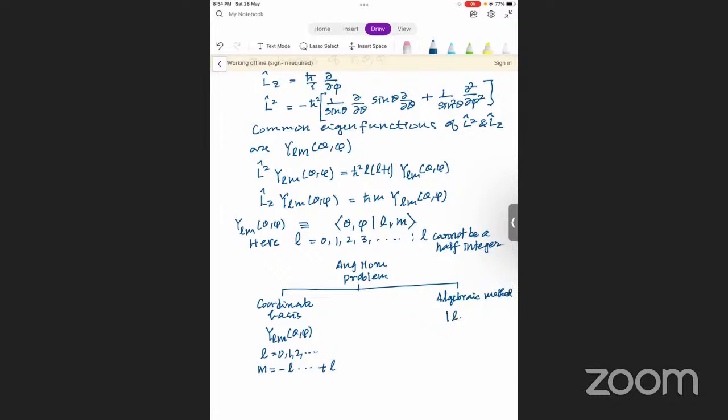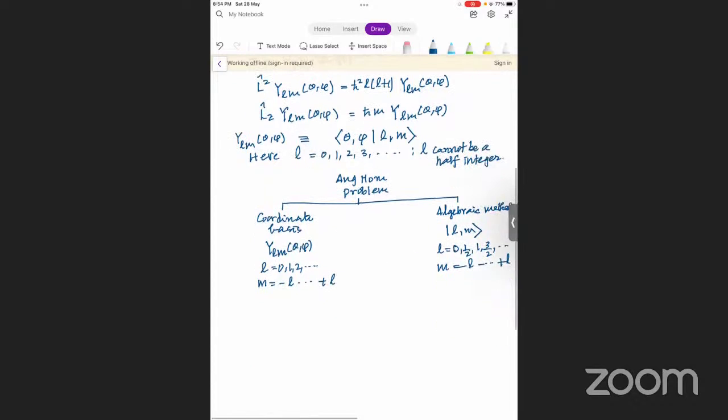Then you get these states L comma M. And here we find that L is equal to 0, half, 1, 3 by 2, etc. M is equal to minus L to plus L. Okay. Now the question is why are we getting two different results? Here we don't have half integers, but here we have half integers.